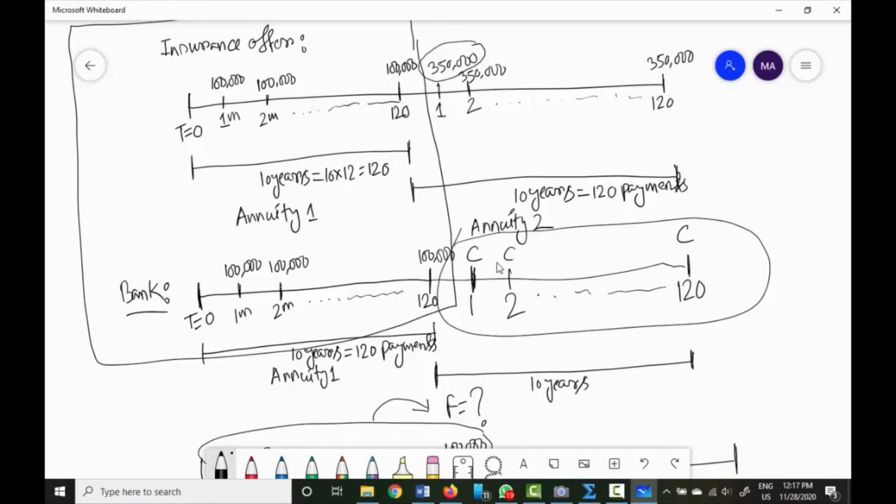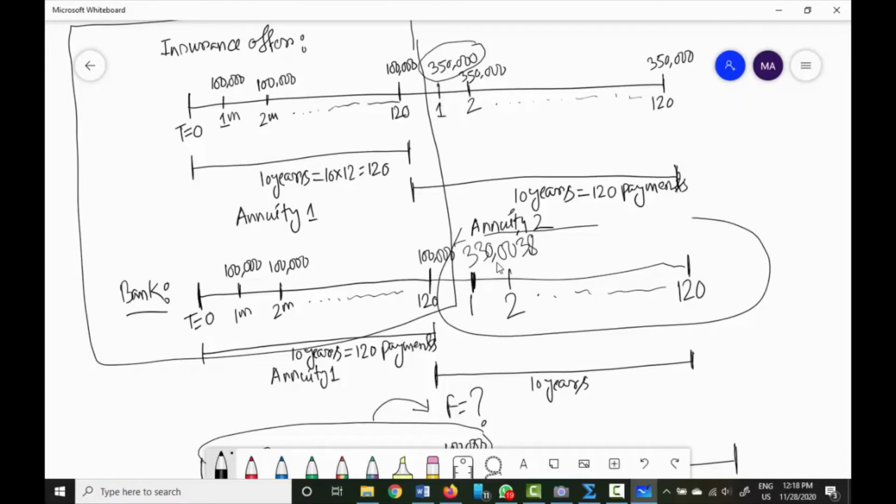So the insurance company offered us 350,000 taka for the following 10 years. But according to the interest rate the bank is offering us, this C amount of cash flow is 330,038 taka at the end of every month, whereas insurance will give us 350,000 taka at the end of every month for the following 10 years.